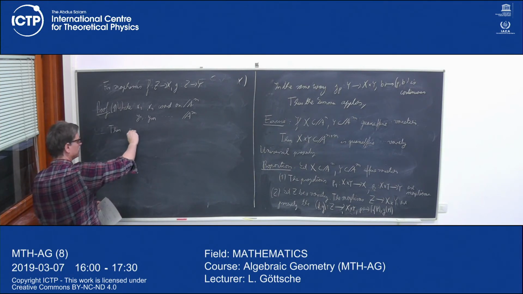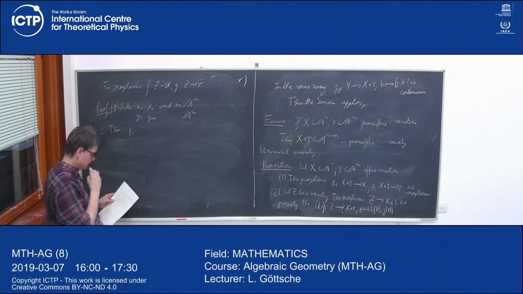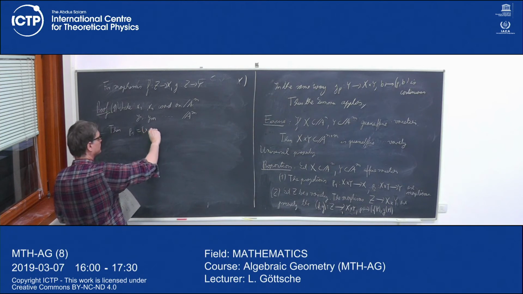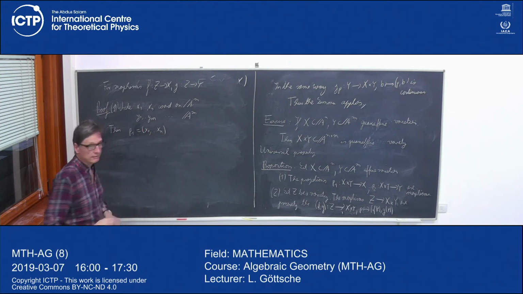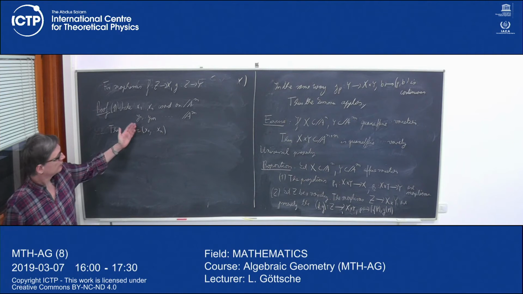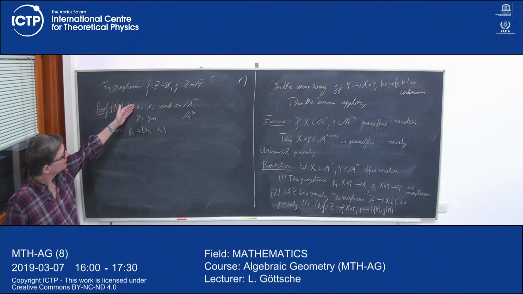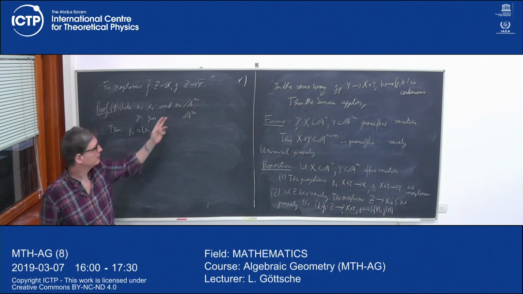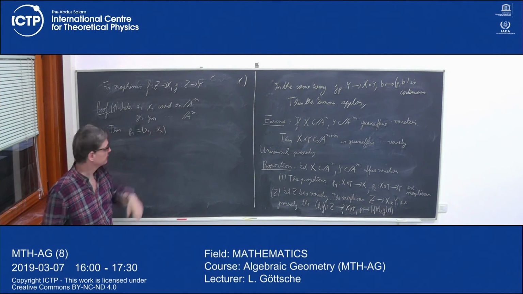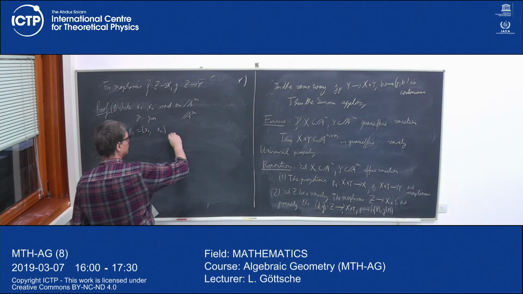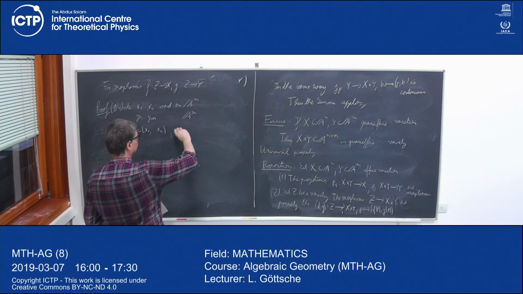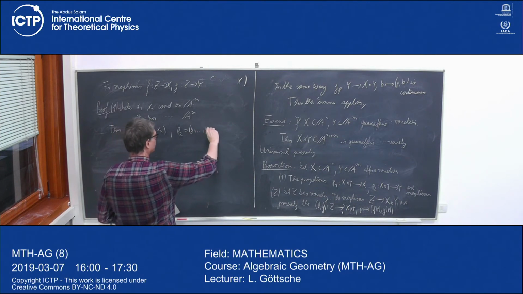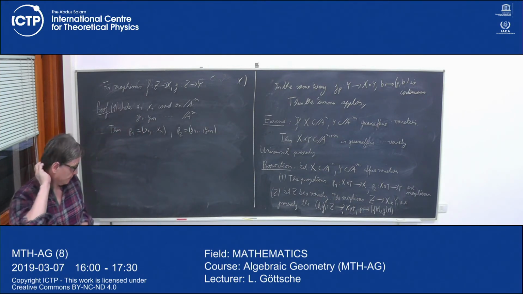The first projection p1 is just given by x1 to xn. Just send a pair to a point. So this is precisely the identity on A^n, and it maps the rest to 0. And p2 is equal to y1 to ym, and these are clearly morphisms.